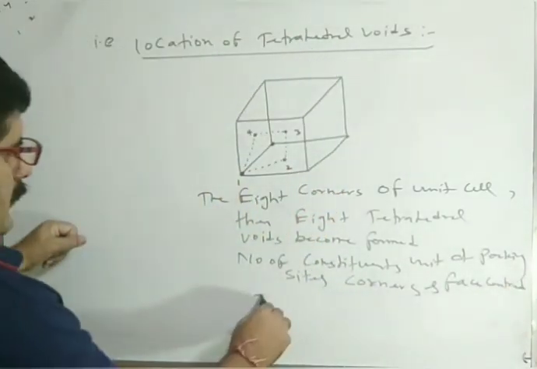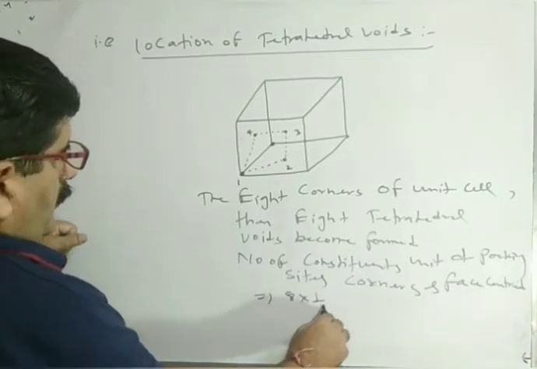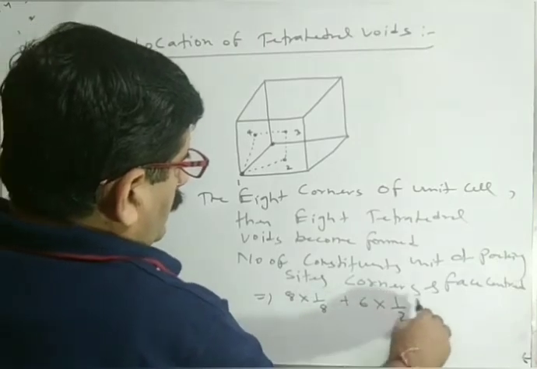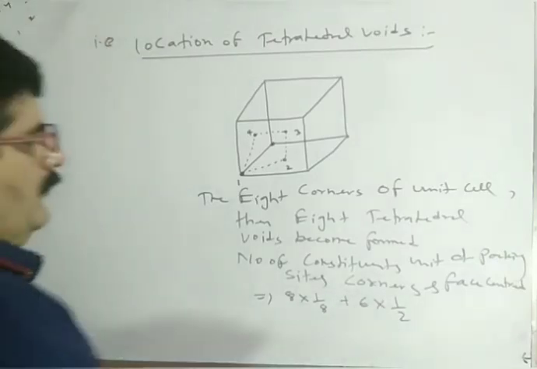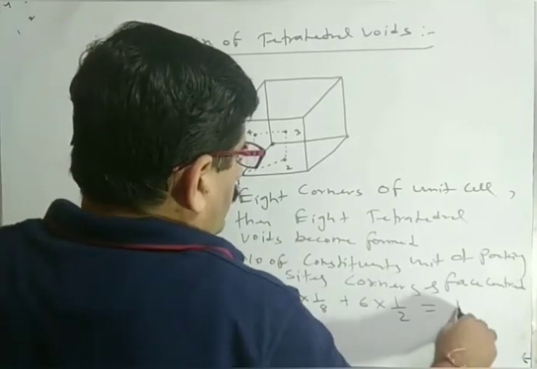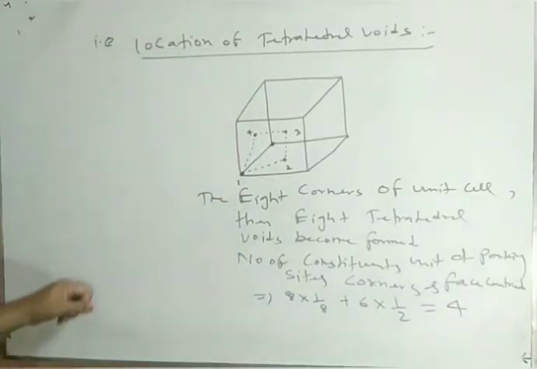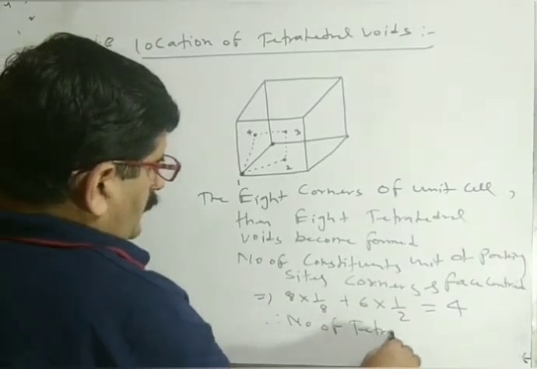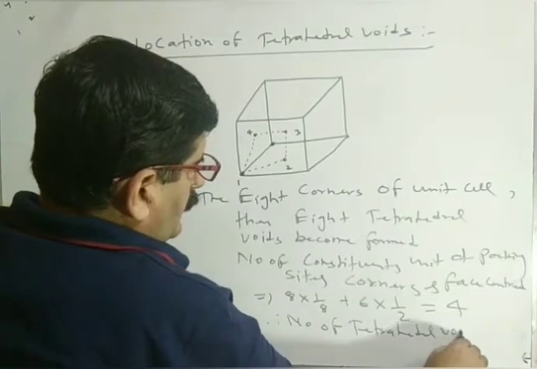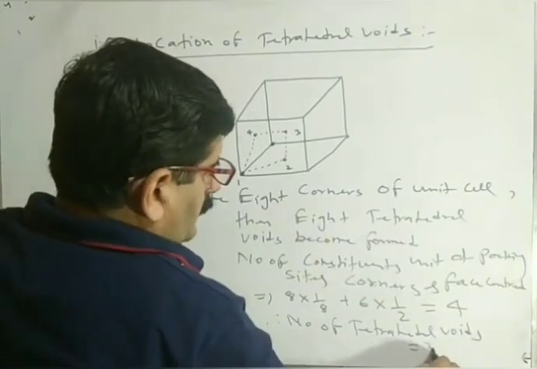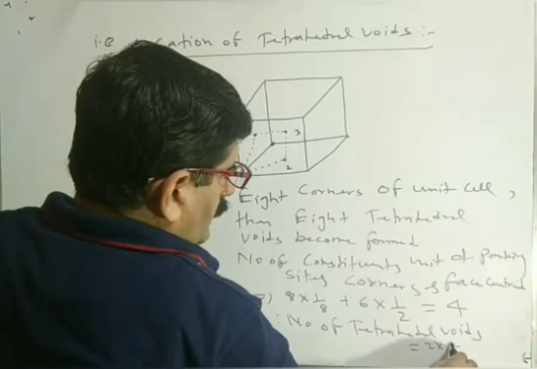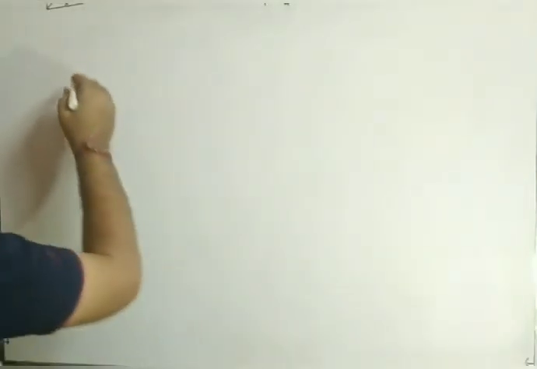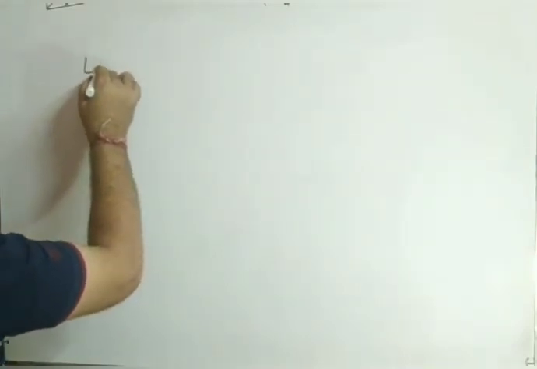So contribution by corners 8 into 1 by 8, contribution by faces 6 into 1 by 2, is equal to what? 3 plus 1, 4. Number of tetrahedral voids is equal to what? 2 into 4, means what? 8.